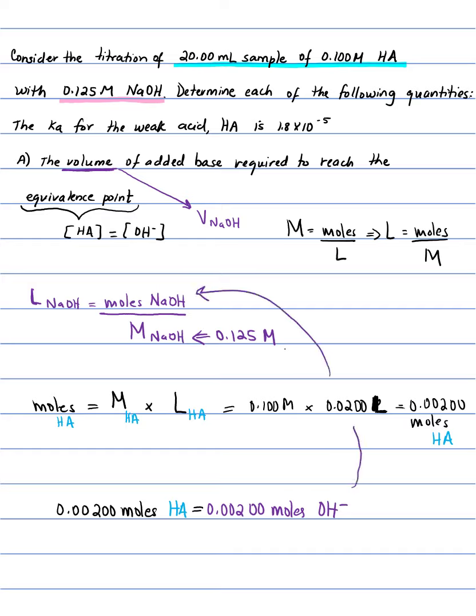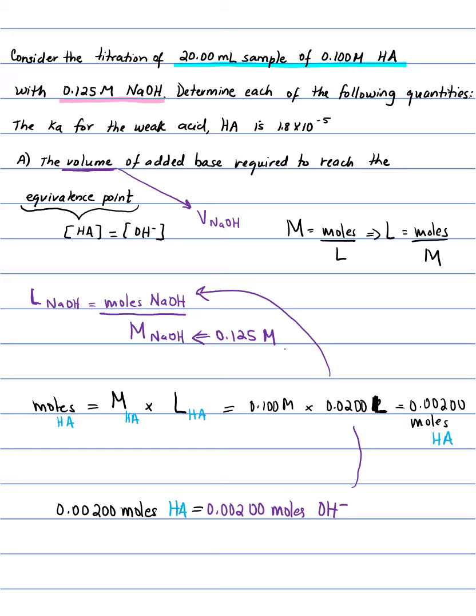Remember, you're trying to calculate the volume of sodium hydroxide that you need to reach the equivalence point. So to calculate a volume, you need moles and molarity. For sodium hydroxide, you have the molarity, but you didn't have the number of moles. So we're using the number of moles of the acid in your sample to get the number of moles of the base that you need to reach the equivalence point.